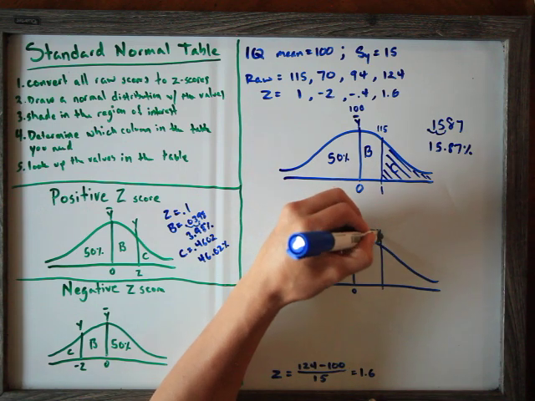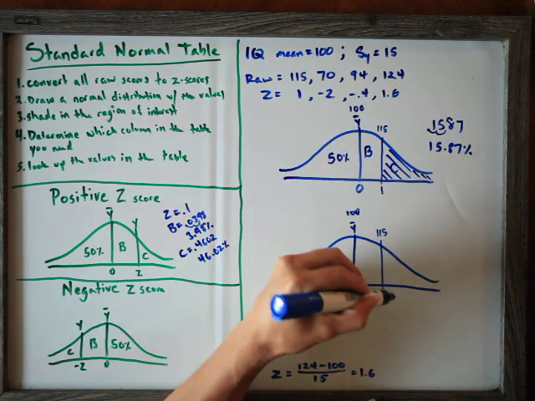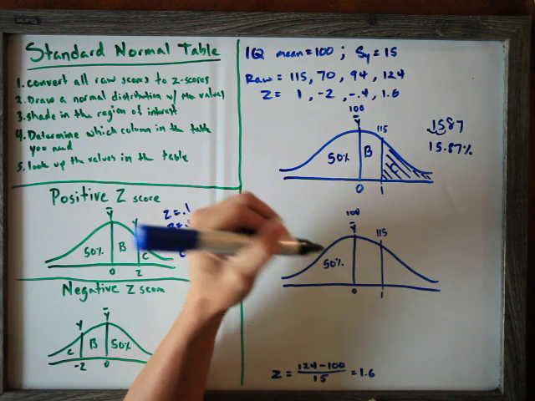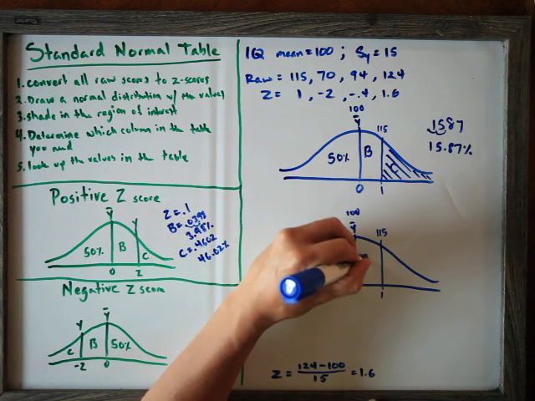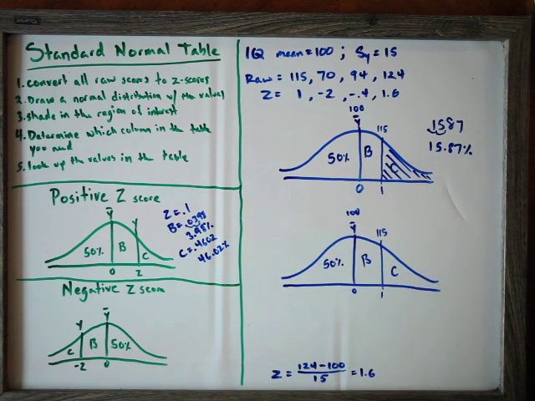I write 115 above it, and its z-score of 1 down here. 50% of scores are here. This is B, in between the score and the mean, and C is beyond the score.